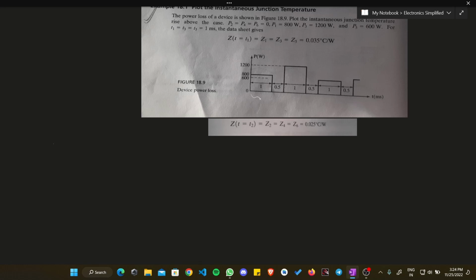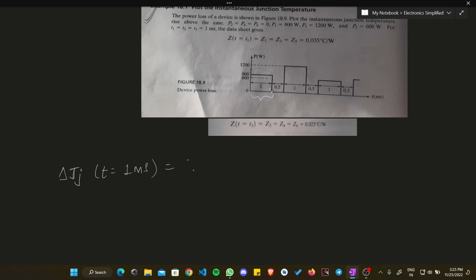This is our first pulse of 1 millisecond. So we will find the junction temperature at the end of this first pulse, right? So t is equal to 1 millisecond. It means that we are going to find the junction temperature difference at the end of the first pulse, and this pulse is ending at 1 millisecond.